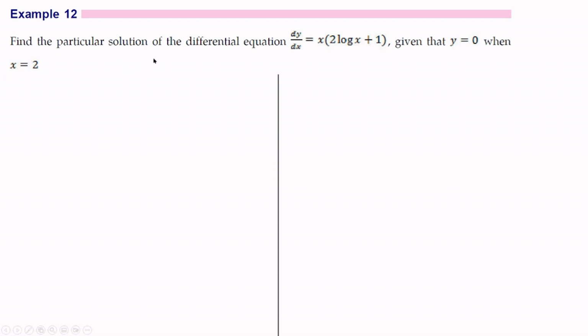Find the particular solution of the differential equation dy by dx is equal to x into 2 log x plus 1, given that y equal to 0 when x is equal to 2. So we have to find the particular solution for this differential equation. Since they have given y equal to 0 at x equal to 2, we can substitute that and find the constant.